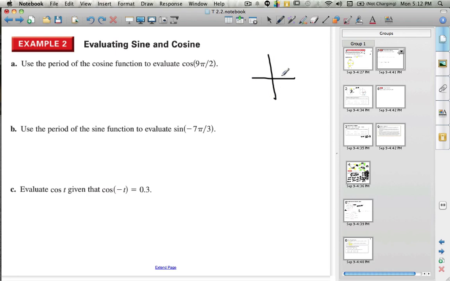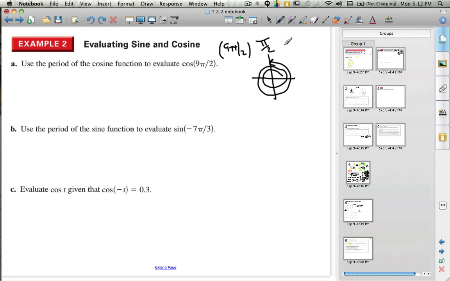Once around is 4 pi over 2. Twice around is 8 pi over 2. And one more pi over 2 gives 9 pi over 2. So pi over 2 and 9 pi over 2 are coterminal.